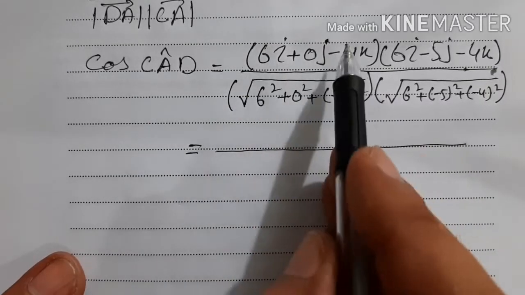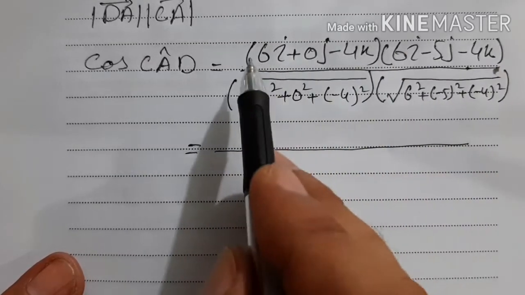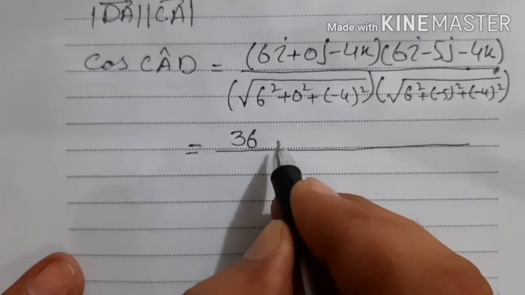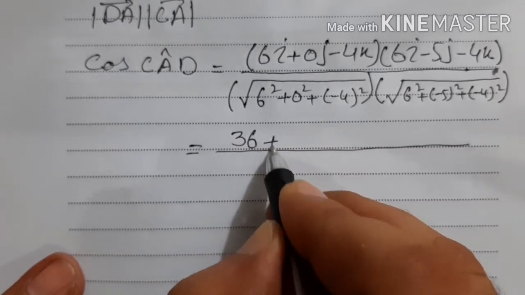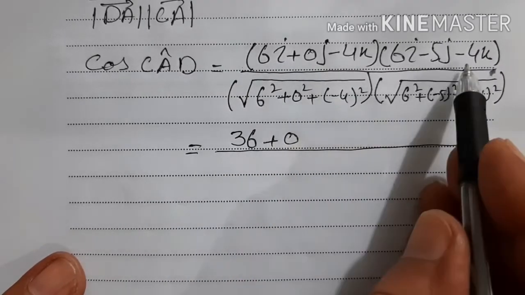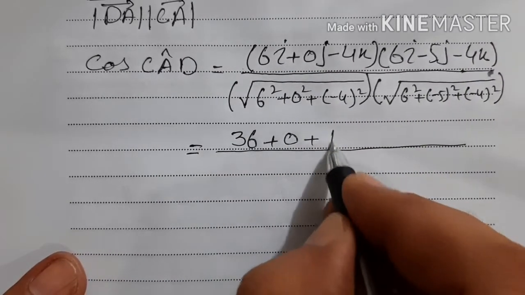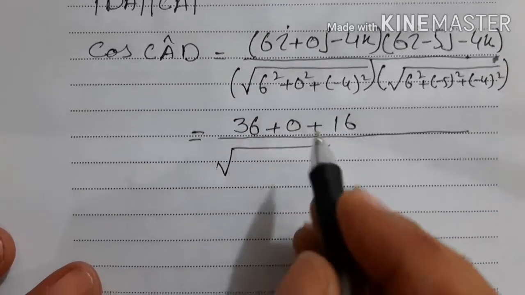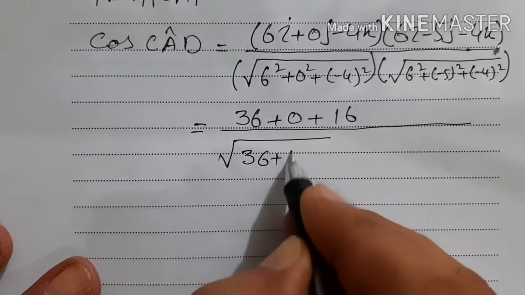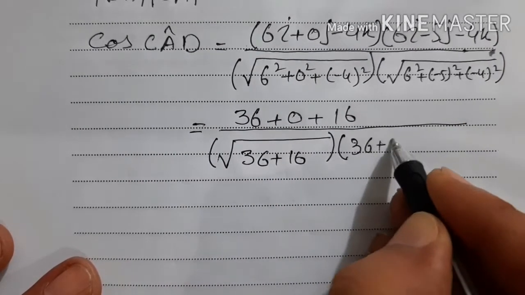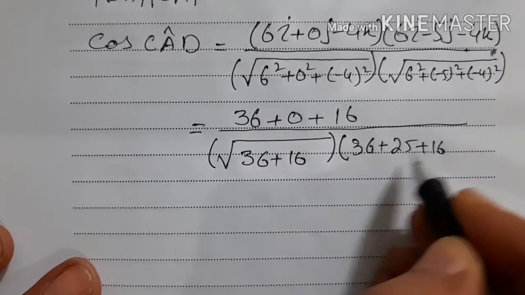Now multiply these two vectors, i with i, j with j, and k with k. So 6 times 6 is 36, plus 0 times minus 5 is 0, plus minus 4 times minus 4 is 16, over the square root of 36 plus 16, times the square root of 36 plus 25 plus 16.